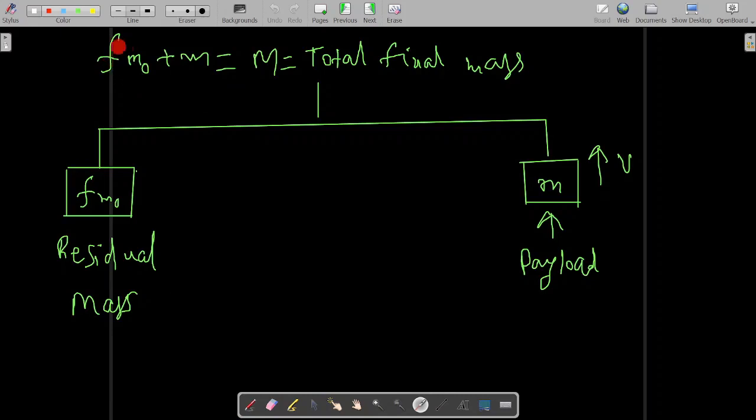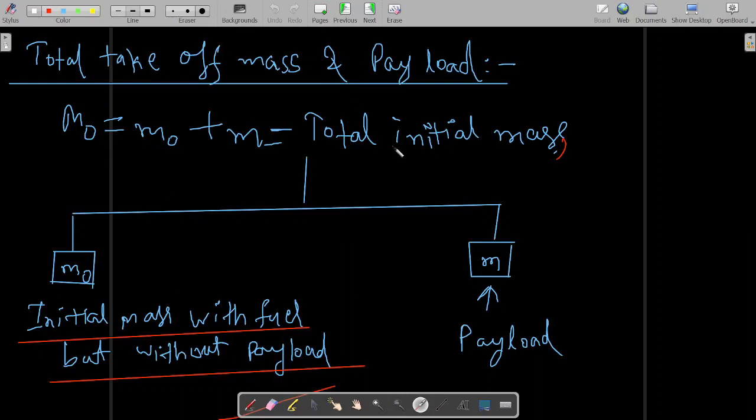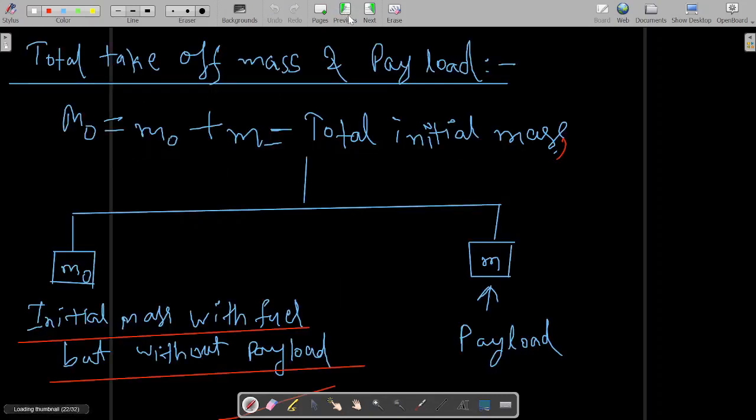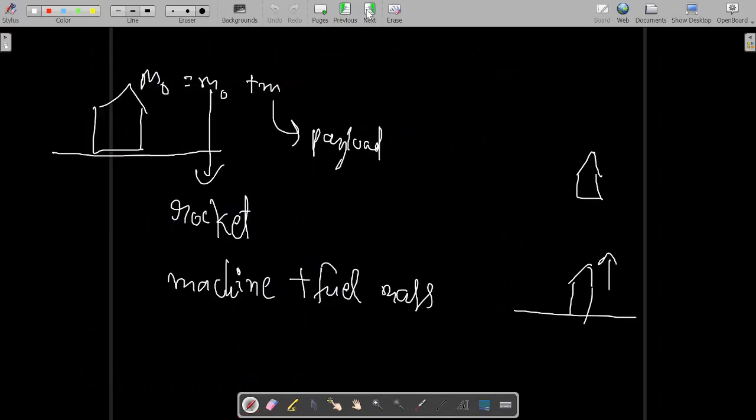Now F m naught plus m is equal to capital M, that is total final mass. What does it mean? When the rocket takes off from the ground and reaches a certain height, surely there will be a reduction in mass because fuel will be burnt.